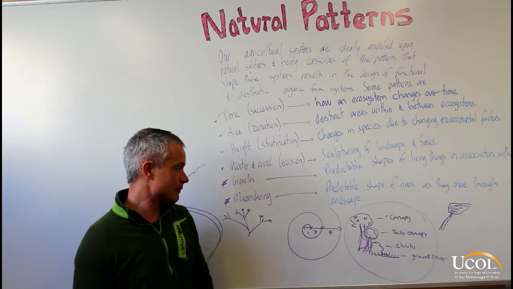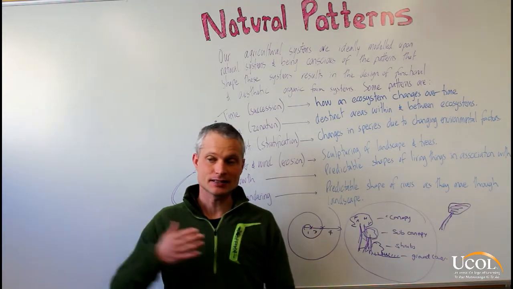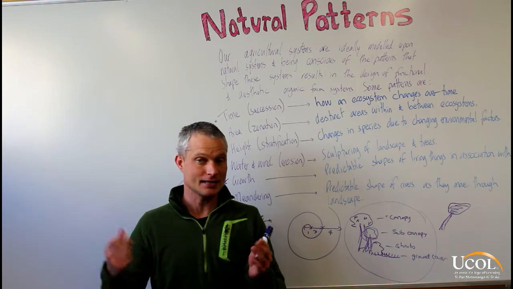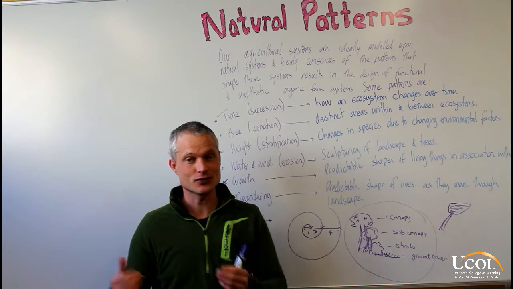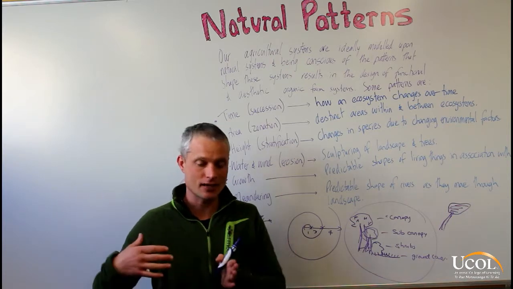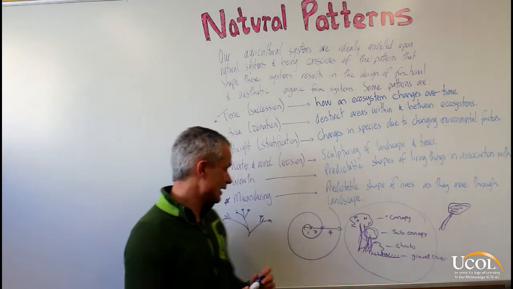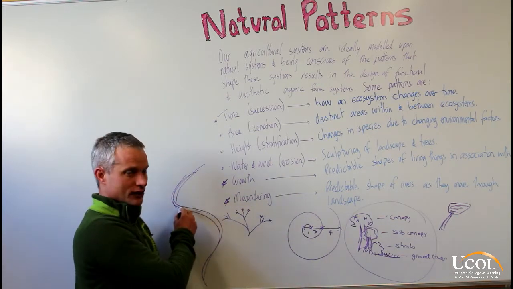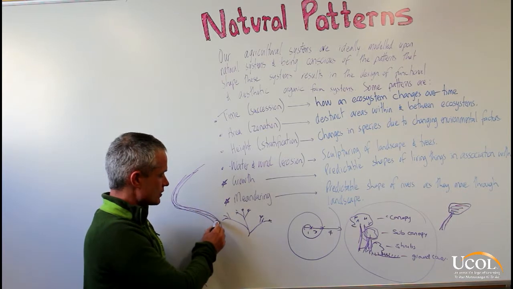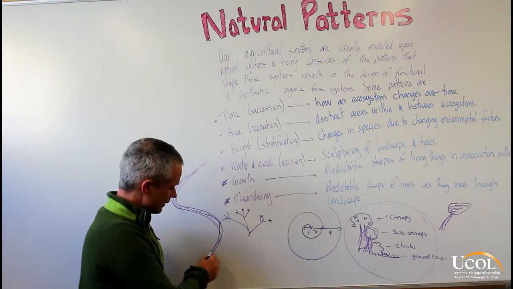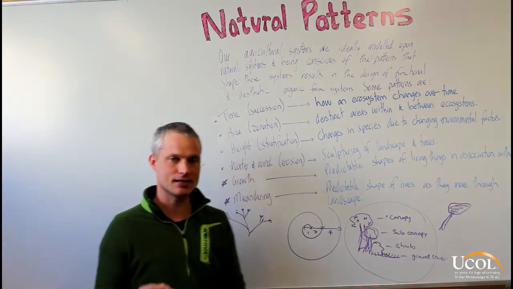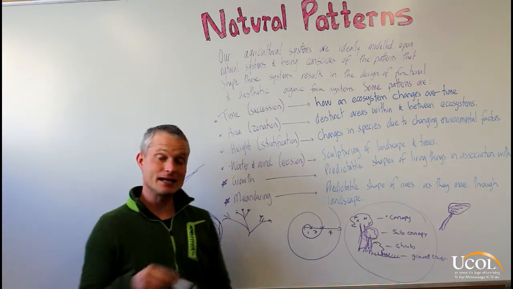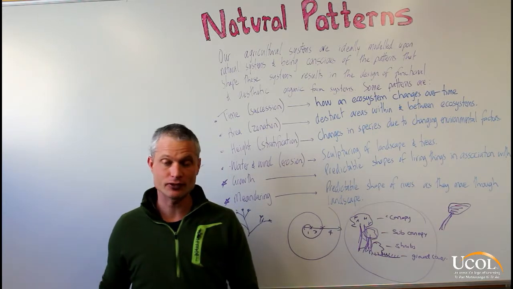And the last one is a meandering pattern, where there's a predictable sequence between the width of the river and the distance between the bends, and it's to do with the water flow and the volume through the water. When the water flows through, it bounces off one bank and is redirected in an opposite direction, bounces off that bank, and that pattern continues through the landscape, and it creates a predictable meandering in a river that flows through a landscape.